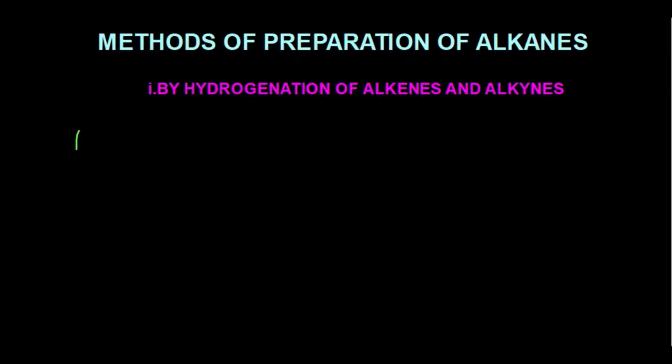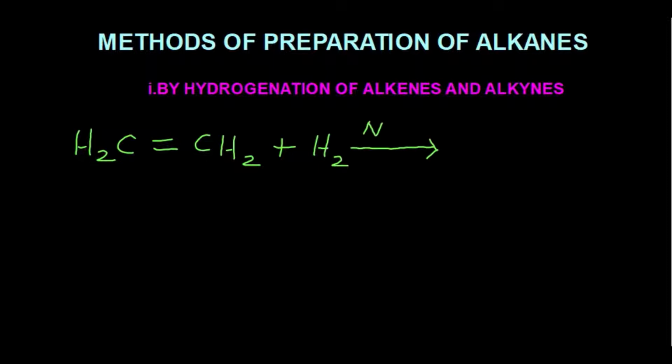Now students, to understand this reaction, we will see some examples. For example, if we have an ethene molecule, H2C double bond CH2. Now we add hydrogen to ethene and this is known as hydrogenation. This process is carried out in the presence of nickel as a catalyst and the range of temperature is 200 to 300 degrees centigrade.